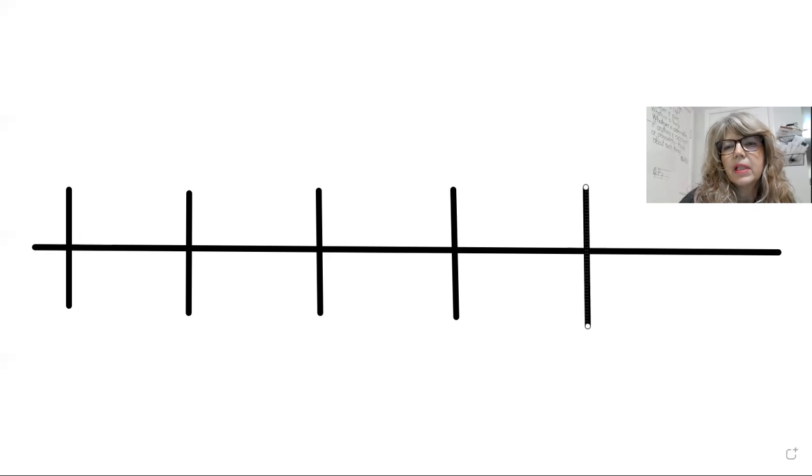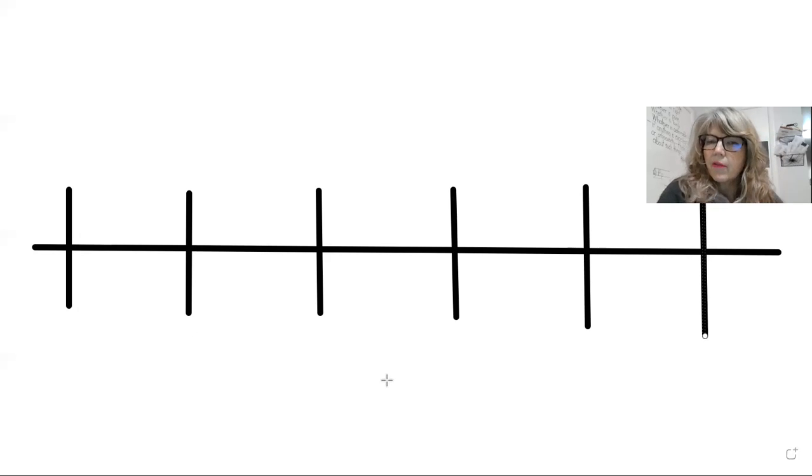And we're going to put another one in. Okay, so those are our vertical lines. First, you draw your horizontal line from left to right, and then you make your vertical lines.